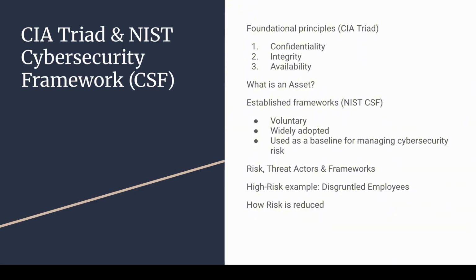It ensures only authorized users can access the data. Integrity means you want to make sure the data is correct, authentic, and reliable. Availability ensures authorized users can access the data when needed, and it protects against downtime or service disruption.